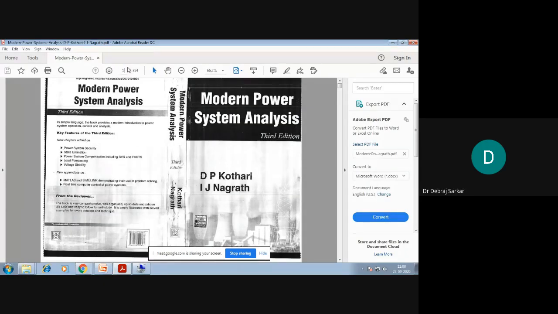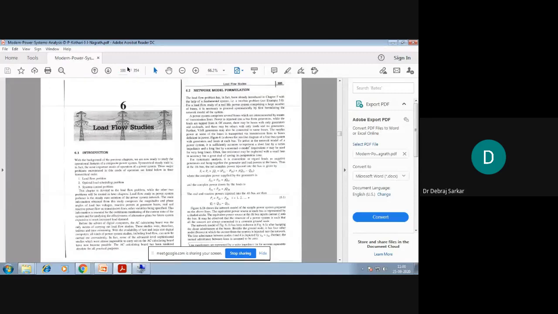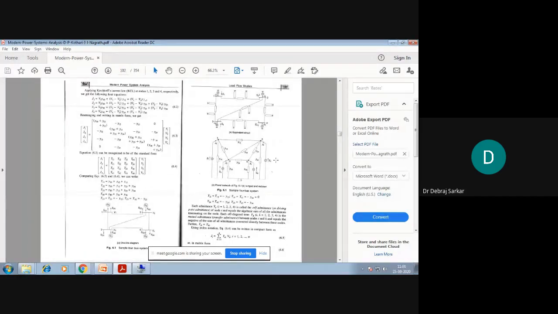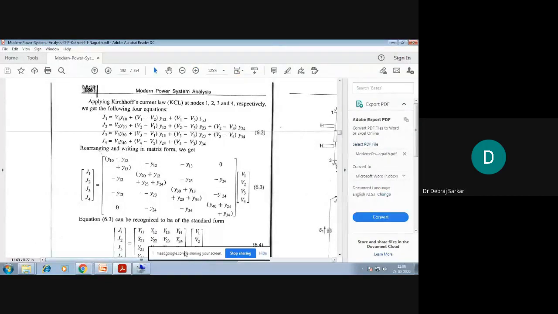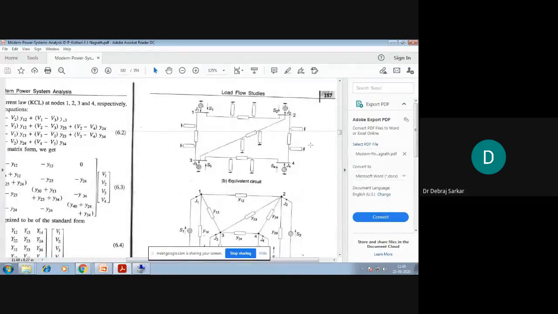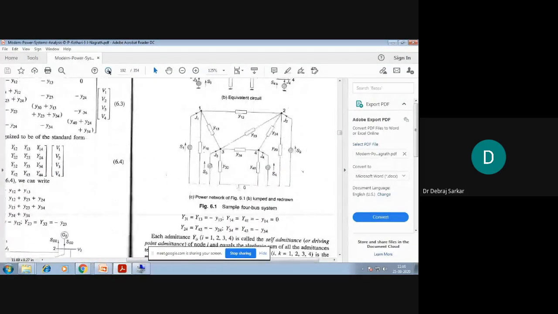All of you look at this diagram. Is it comfortable for you? You have worked with this diagram previously, right?